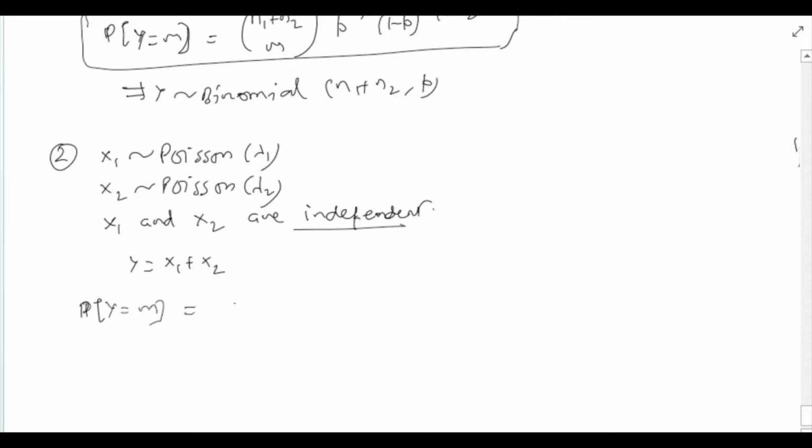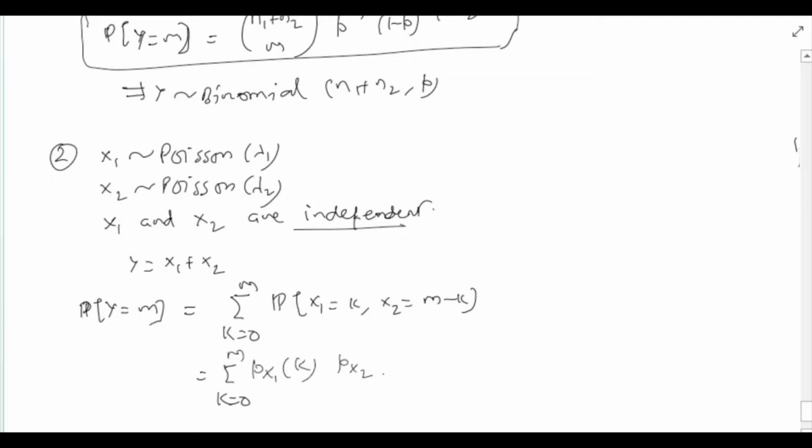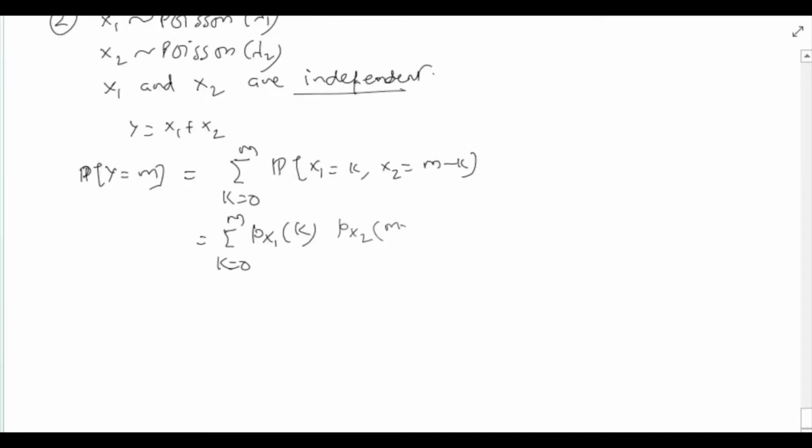As in the binomial case, I can write it as a summation over k equals 0 to m of the probability that x1 equals k, x2 equals m minus k. Again, exploiting the fact that x1 and x2 are independent, we can write this summation as k equals 0 to m of p x1 (k) p x2 (m minus k).